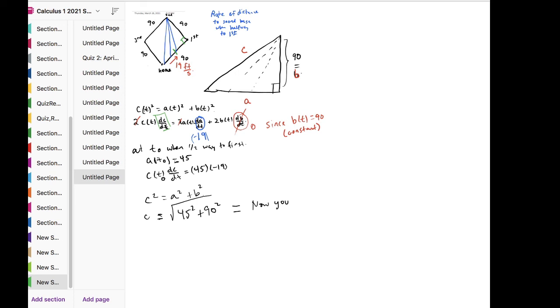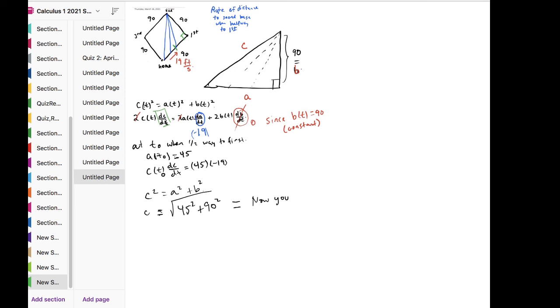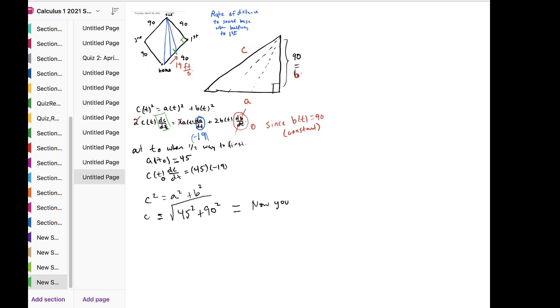It was the same question, but what's going on at third base? Okay, same setup, but now we're looking for these values.